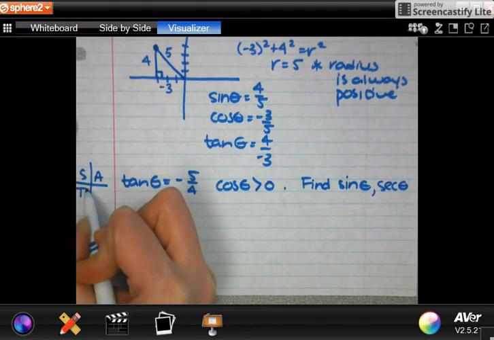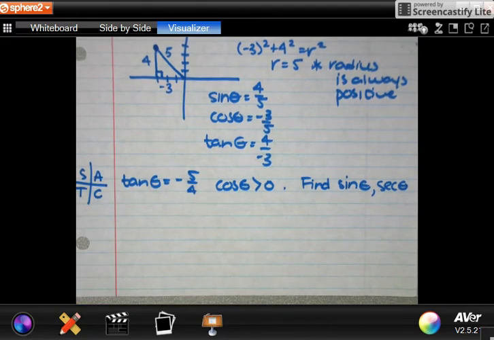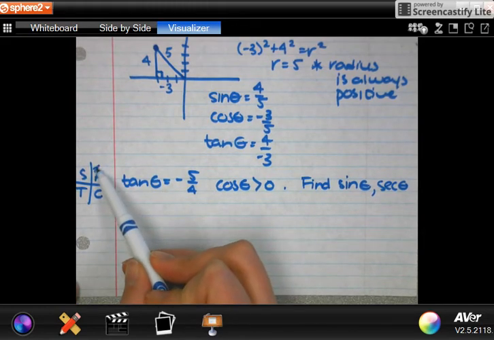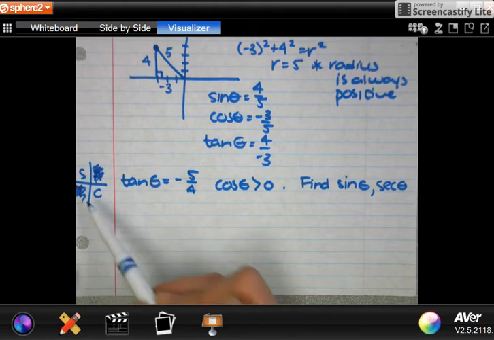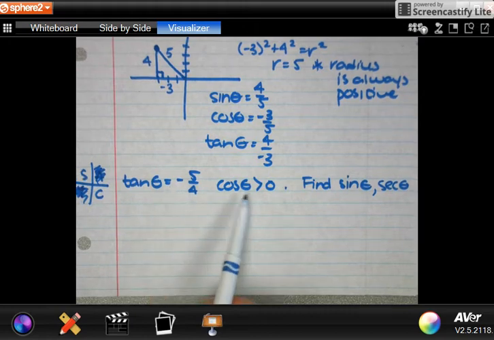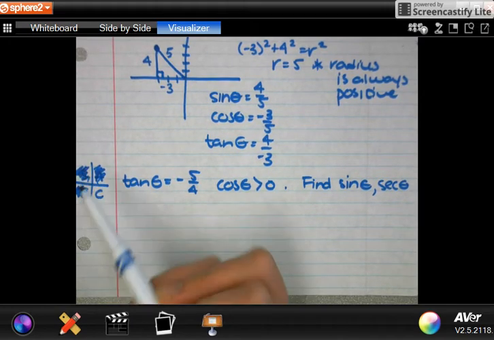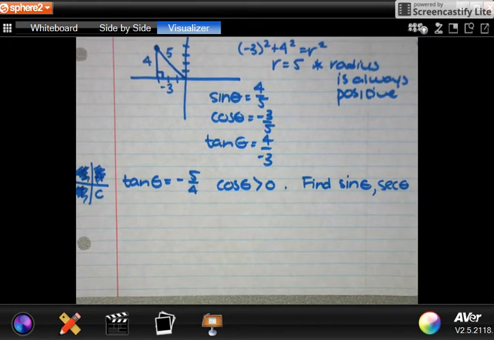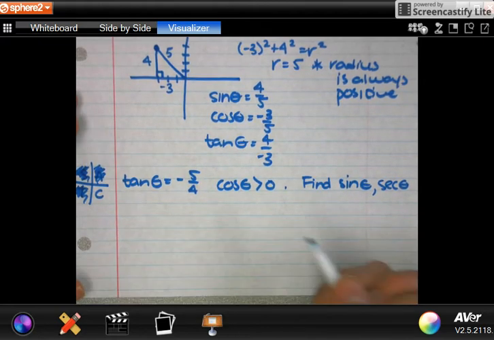All students take calculus. So I know if tangent's going to be negative, I can get rid of this one and this one. Those are the two quadrants where tangent's positive. And if I know that cosine is positive, I can get rid of that quadrant. So I know that this angle, the terminal side of this angle, is going to be in quadrant 4.